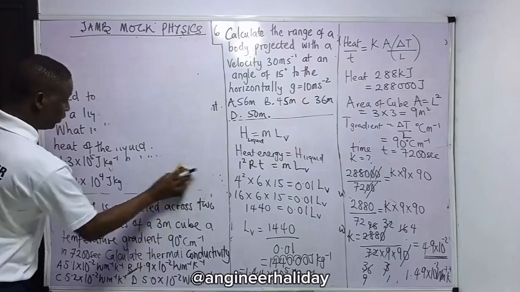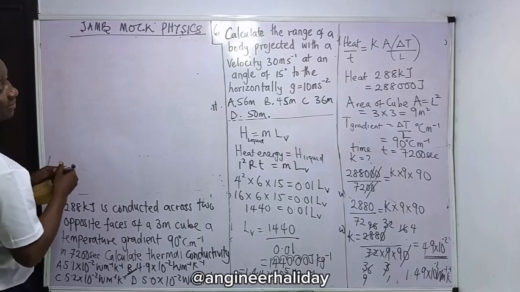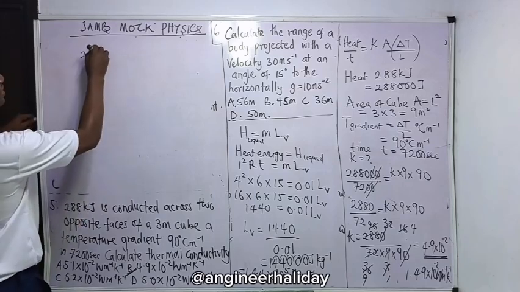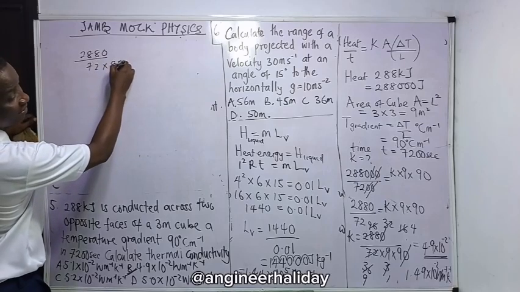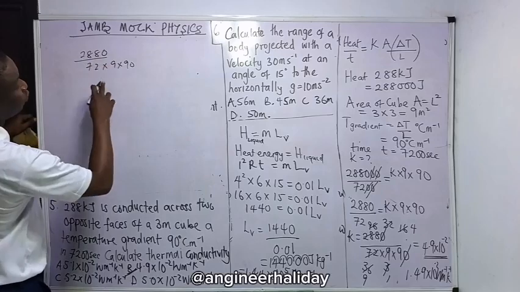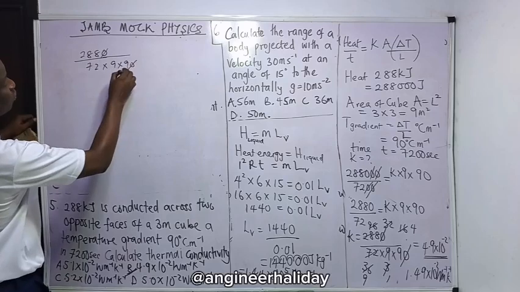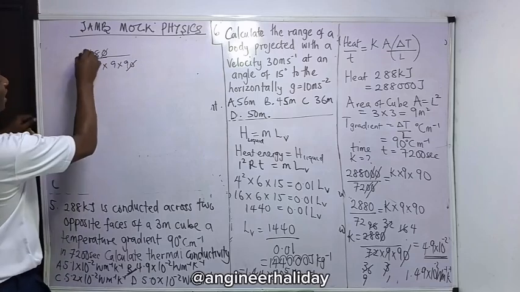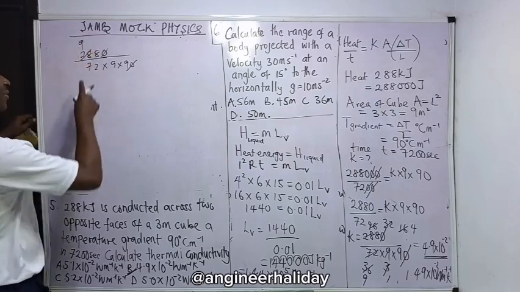If you follow it one after the other, because you know that in 72 that is meaning at 2880 divided by what? 72 times 9 times 90, which is what? Then if you do it now, you see that this one will cancel this one. Then 3 can go in this one, will give us what? 9, because 3 times 9 is 27.